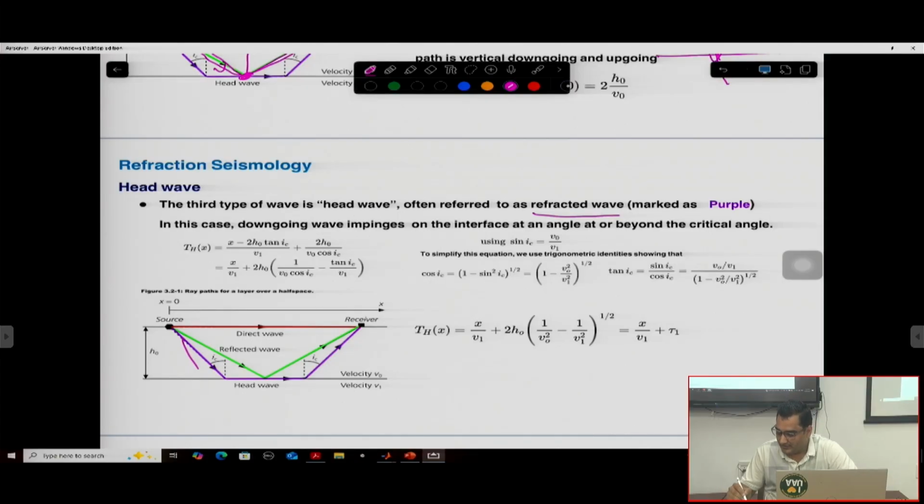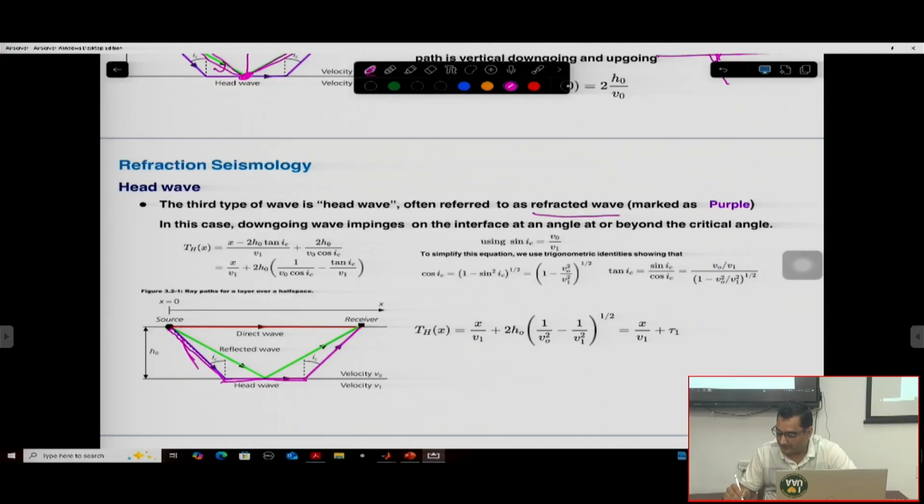Okay, so it is going down, and if it is a critical refraction, then it will go along the interface and then will come back to the receiver, right? So if you want to calculate the travel time for the head wave, then you need to calculate how much time it is taking for going down, thereafter how much time it is taking for traveling along the interface, and then how much time it is taking for coming back up.